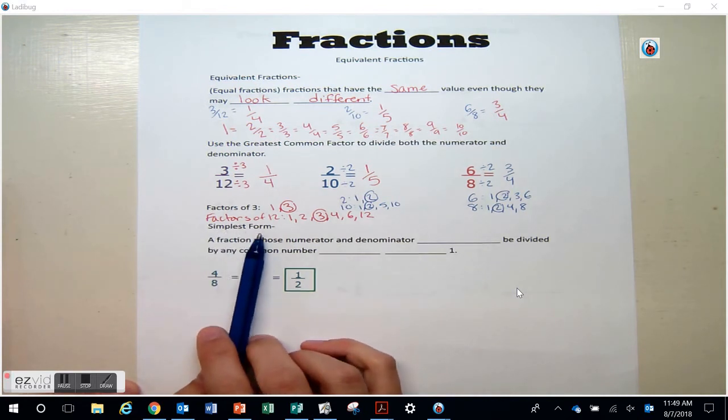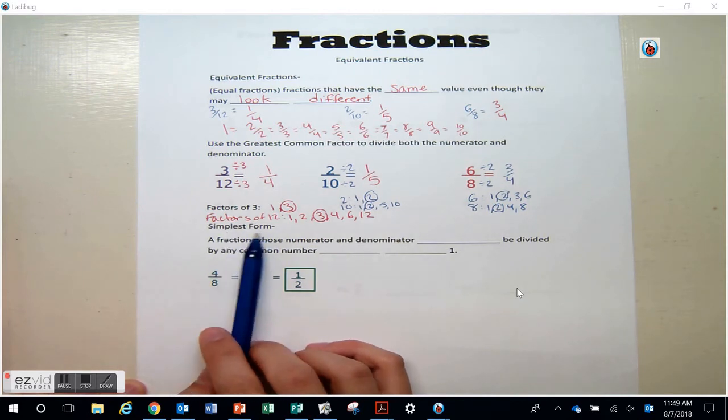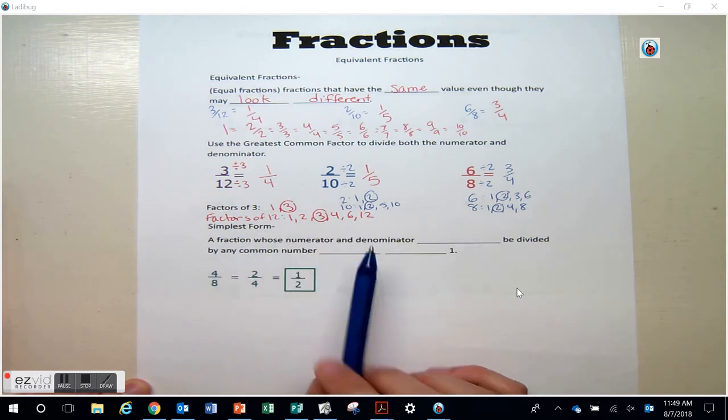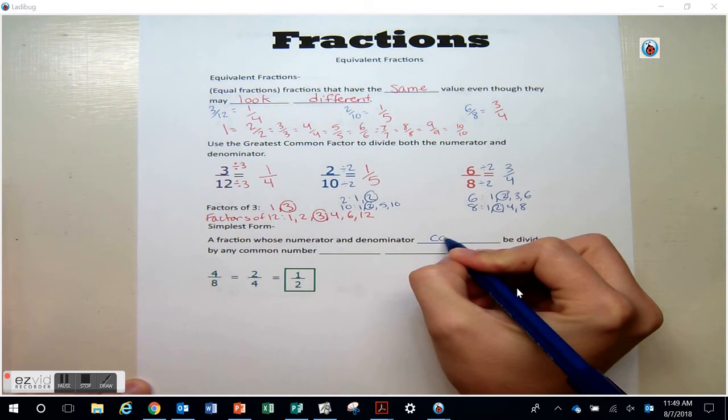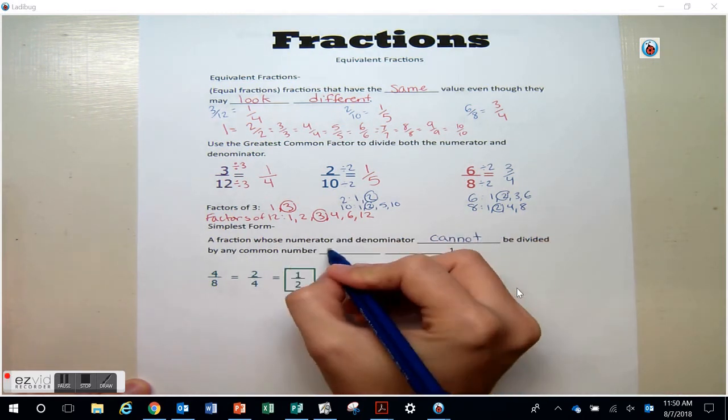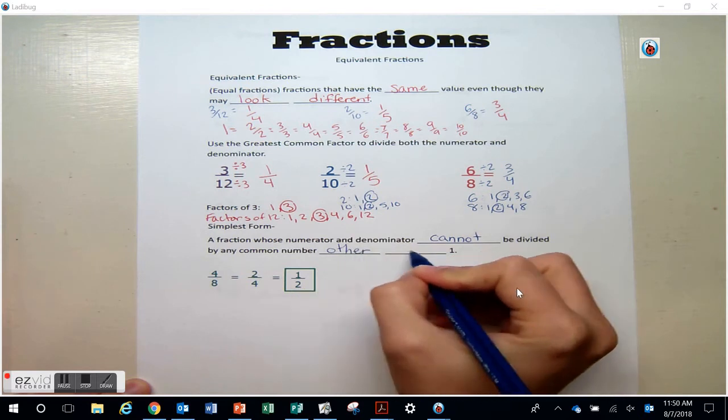Sometimes you'll hear simplest form, sometimes you'll hear simplify, reduce as the verbs for this. But simplest form is when we have a fraction whose numerator and denominator cannot be divided by any common number other than 1.